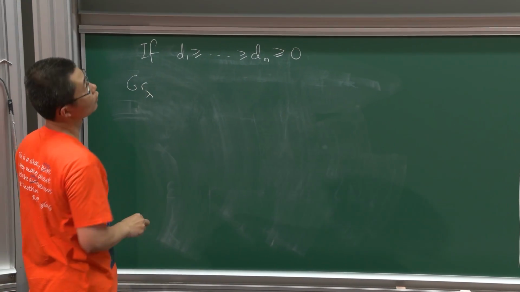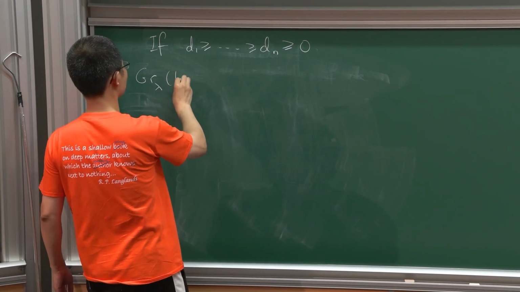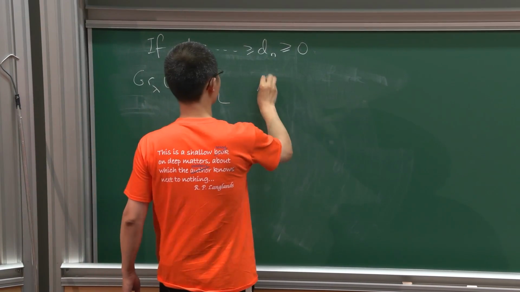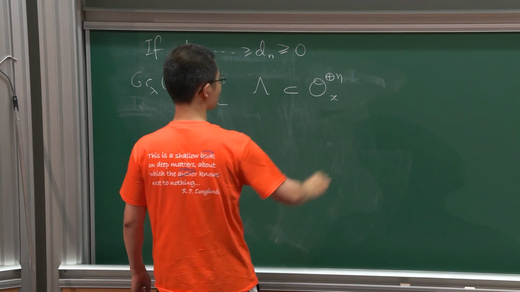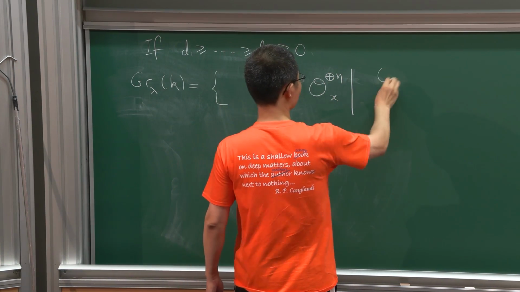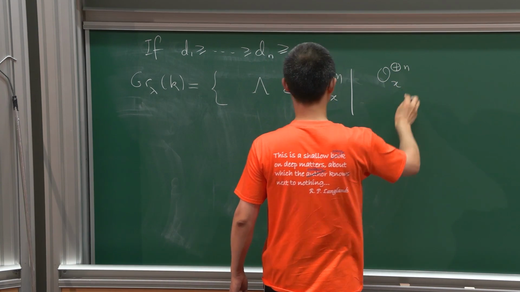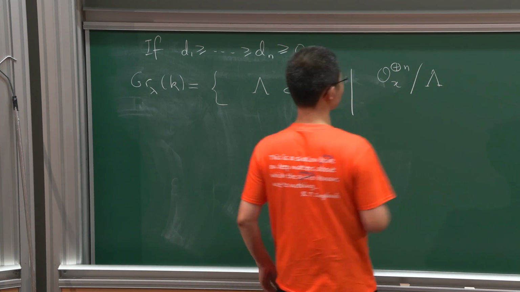Then Gr lambda k points classify those lattices that are already contained in the standard lattice, such that if you look at the quotient, so this is some torsion O module.